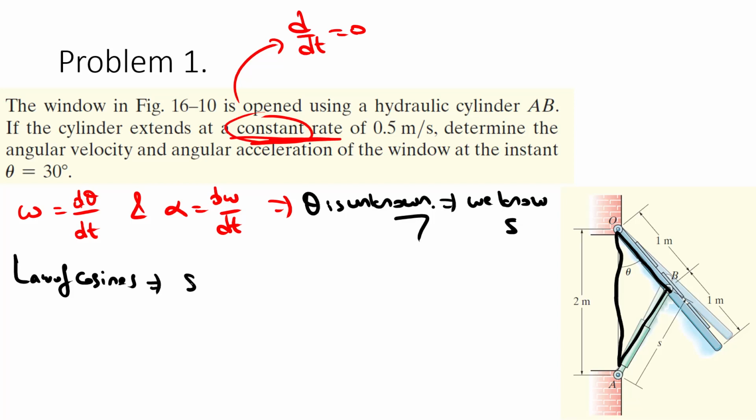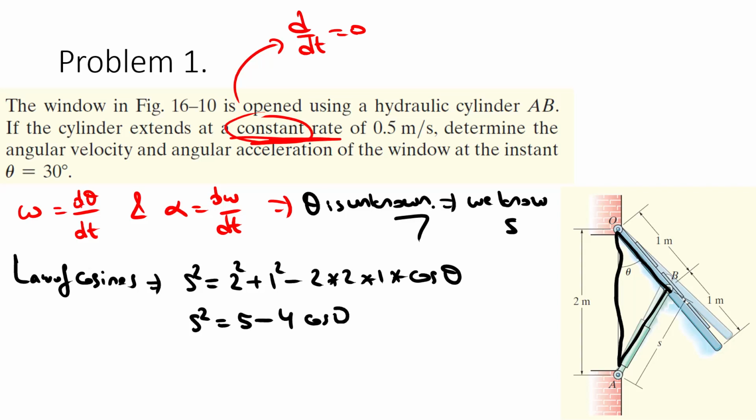Which says that S square is equal to 2 square plus 1 square minus 2 times 2 times 1 times cosine theta. So that will be that S square is 4 plus 1, which is 5, minus 4 cosine theta. But again, we need d theta by dt. So let's do it this way.